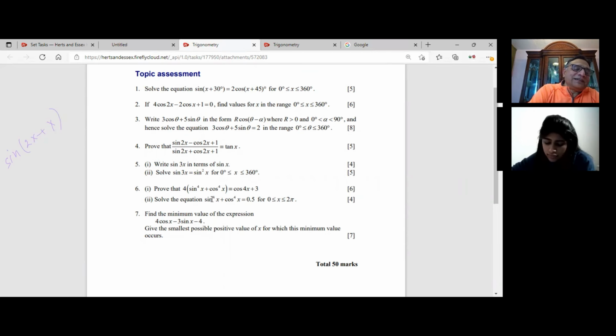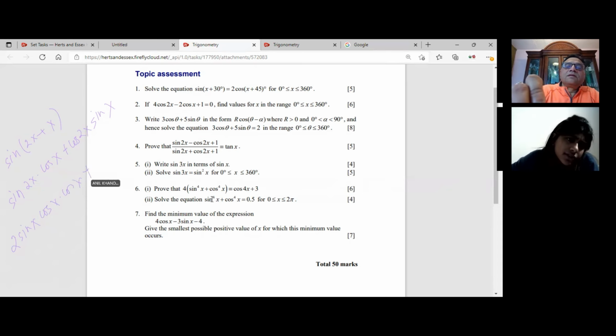Is that clear to you? So it takes time, but sin 2x times cos x plus cos 2x sin x, and then sin 2x is basically 2 sin x cos x times cos x plus.